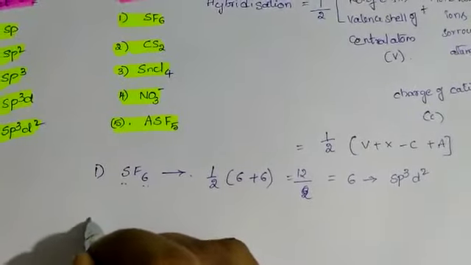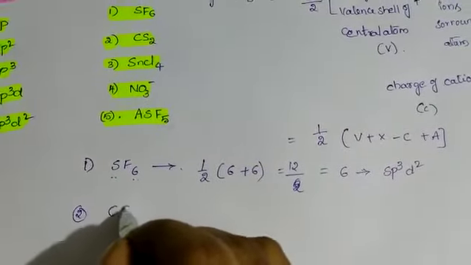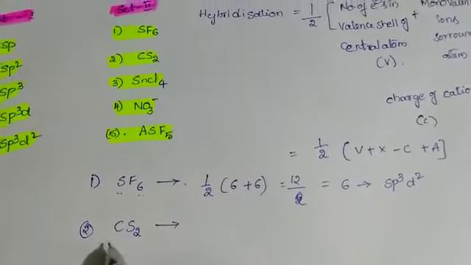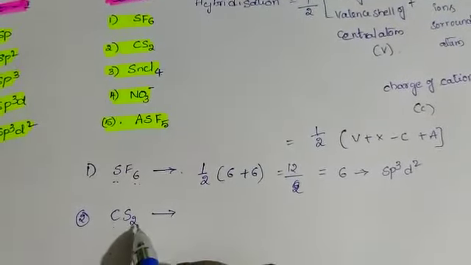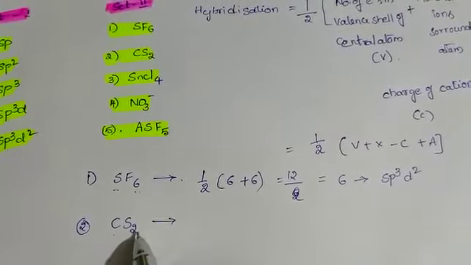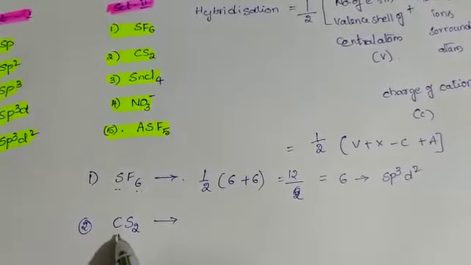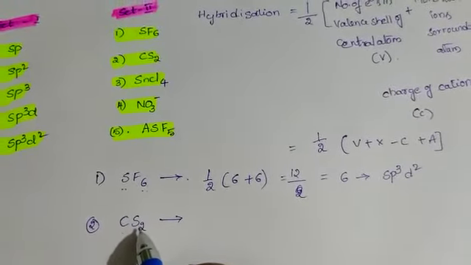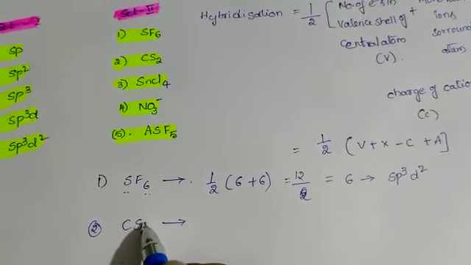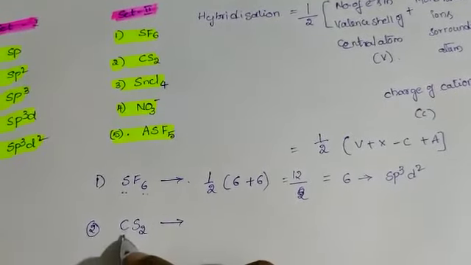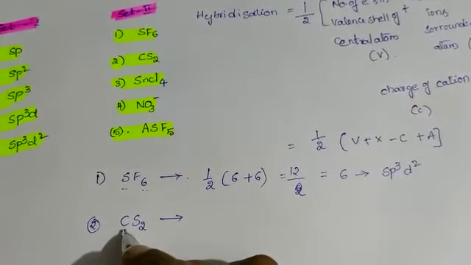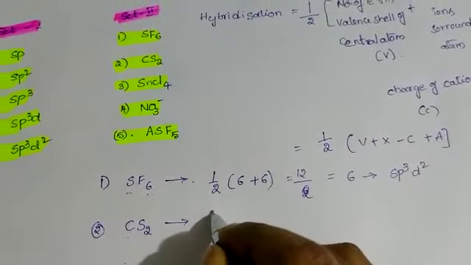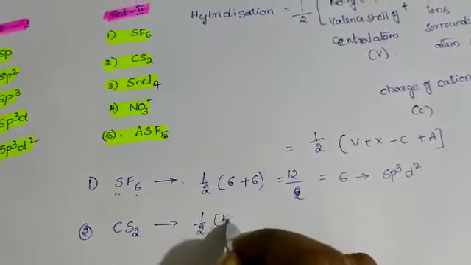Now the second one is CS2. Carbon is the central atom. Sulfur atoms are surrounding the carbon atom, and sulfur is a divalent atom, so its value is 0. The number of valence electrons in carbon is 4, half of 4.